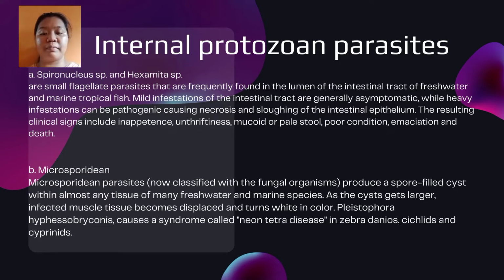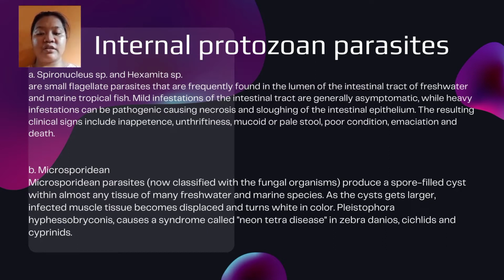Internal protozoan parasites. First is the Spironucleus species and Hexamita species. They are small flagellate parasites that are frequently found in the lumen of the intestinal tract of freshwater and marine tropical fishes.